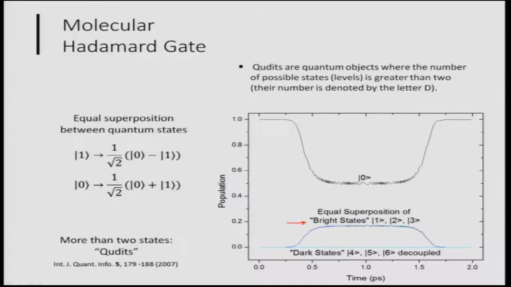And in typical approaches, we have used only one bright state with respect to the ground state, and the rest of them are all states which are going to take away the energy from them, so that we do not want them to be coupled, and so we call them dark states, as we can decouple them.